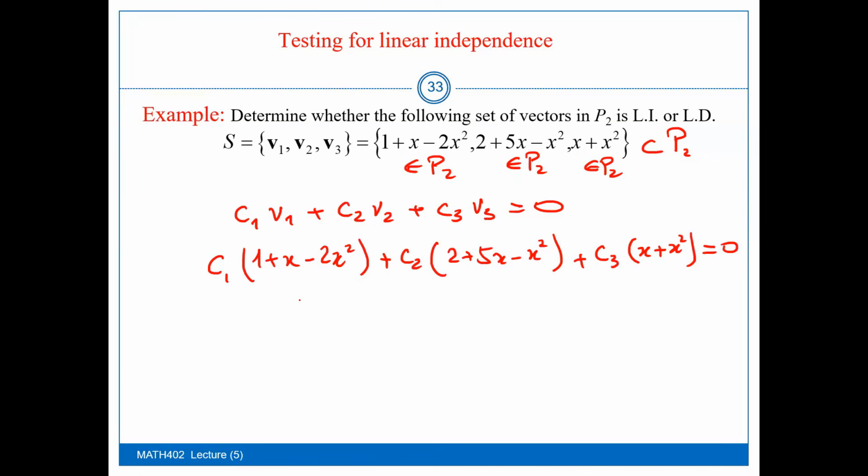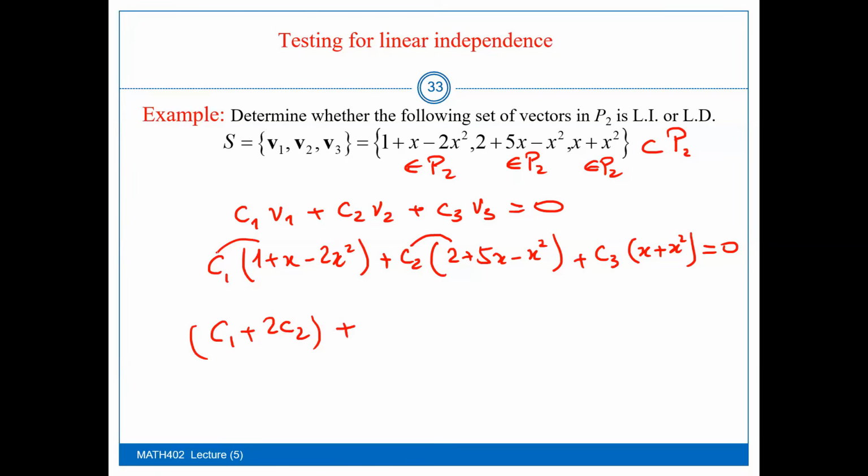So here we remove parentheses and we collect like terms. As a constant we'll have C1 plus 2C2. These are the constant terms.